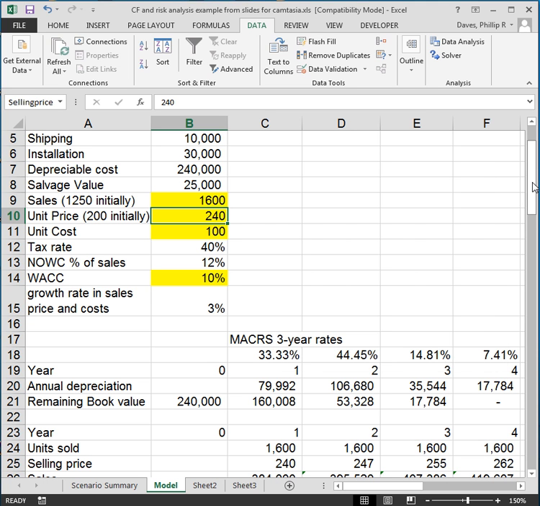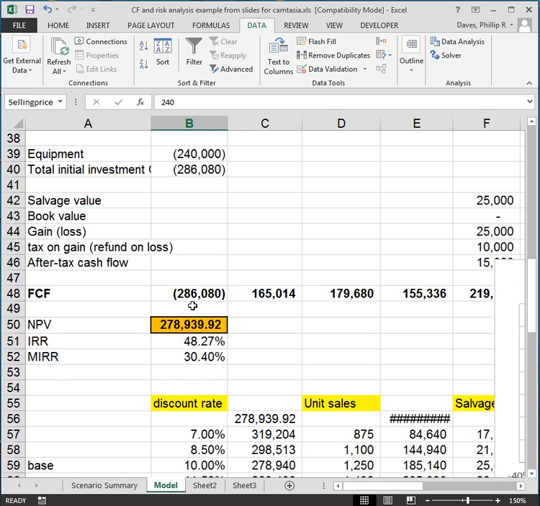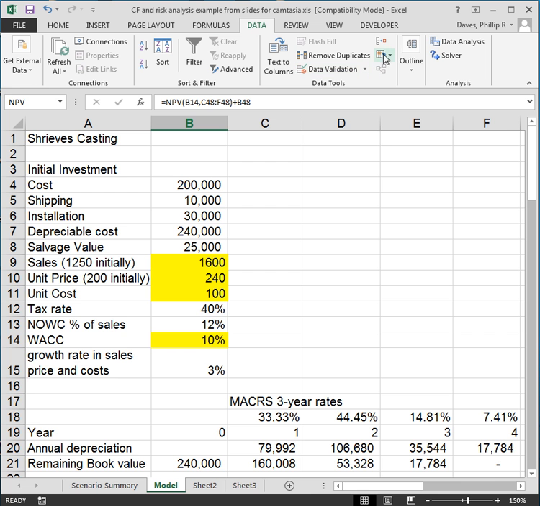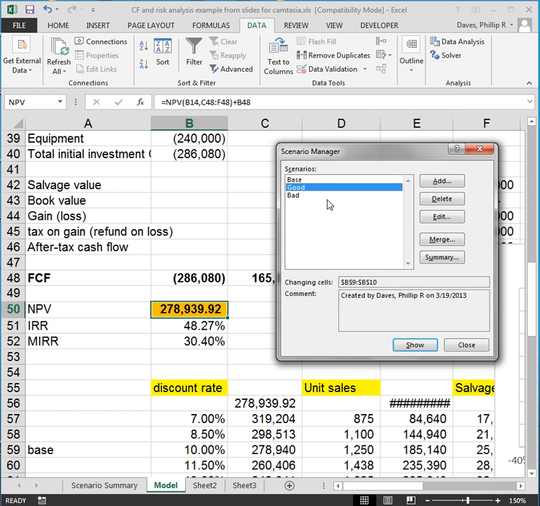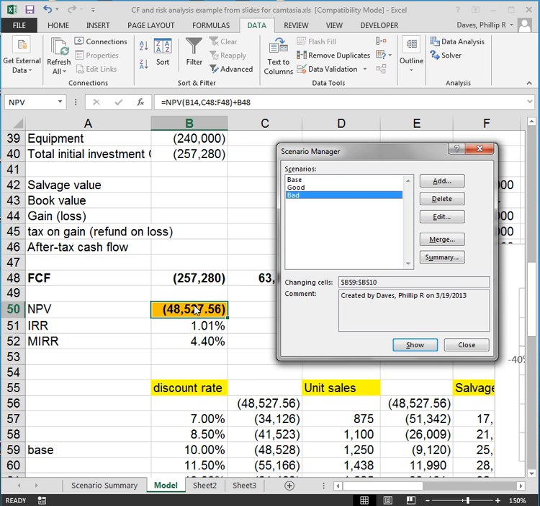And if we go on down here, we'll notice that the NPV has changed to the NPV for that really good case. Similarly, if we go back to what if analysis, scenario manager, if we look at the bad case, we'll be able to show that one, and notice our NPV changes to the really bad NPV there in B50.